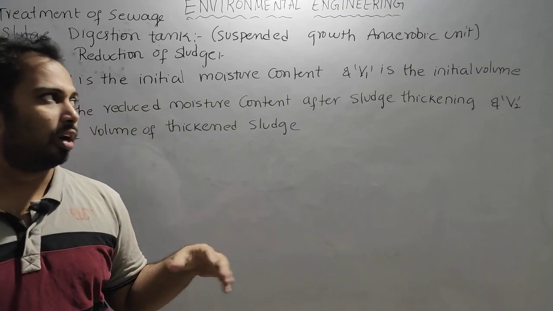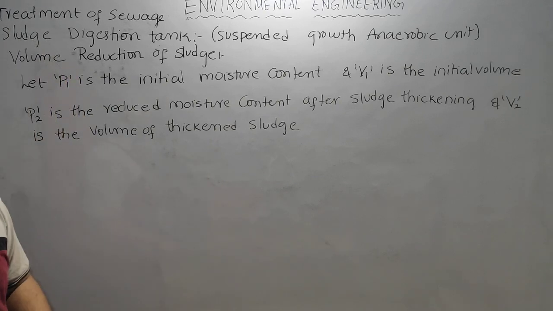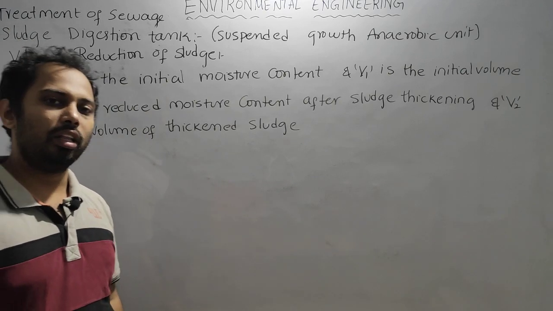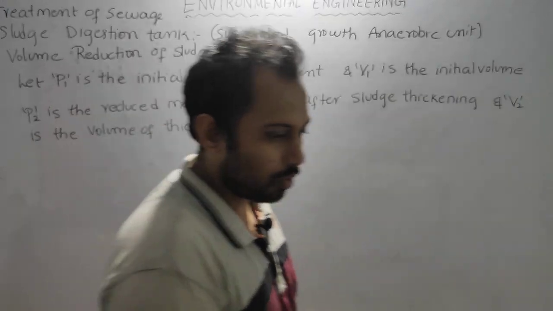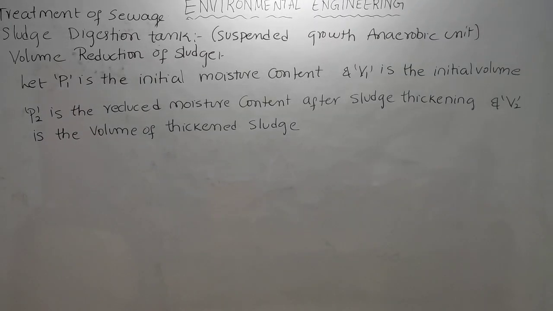The organic matter present will act like a volatile solid, and these volatile solids will get removed inside the digester. But if any volatile solids are not removed, then they will be sent out in the effluent of the sludge digestion tank.